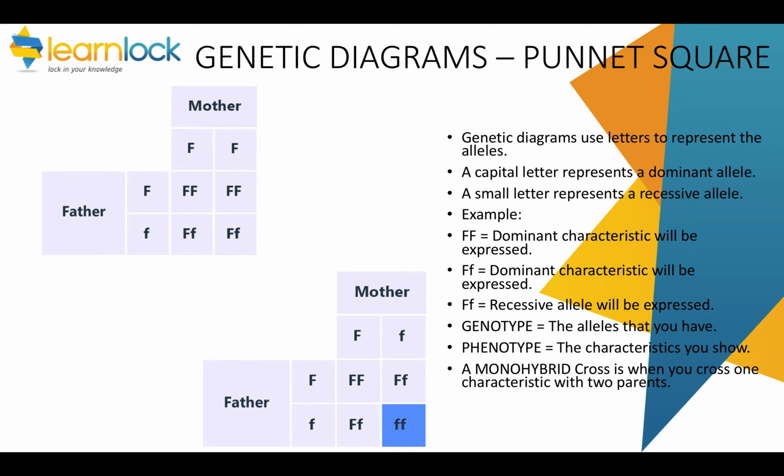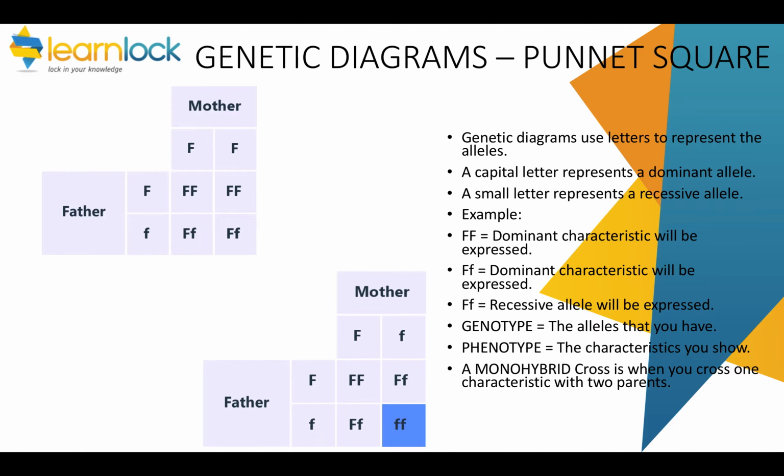Let's pretend that a large capital F stands for brown eyes, which is dominant, and a small f stands for blue eyes. So the mother would have brown eyes. The father has brown eyes, but he is carrying the blue-eyed allele there. But he actually has brown eyes because remember, if you have the dominant allele, then that's what you will show. You will have brown eyes even though you have a recessive allele as well.